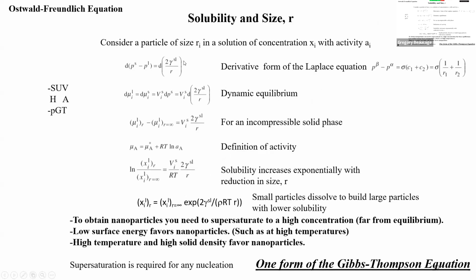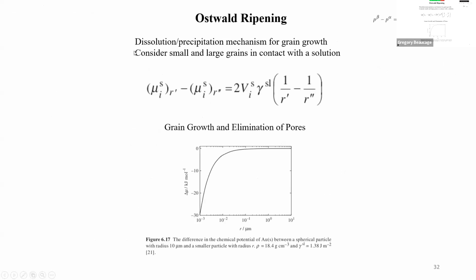So it's the same equation that's right here. 2 surface tension volume by R gives you the chemical potential difference between a large and a small phase. So the larger phase will have a lower chemical potential and it'll grow. This is the Ostwald ripening equation that governs the growth of large phases over small. Right, so this is along the same line of reasoning.